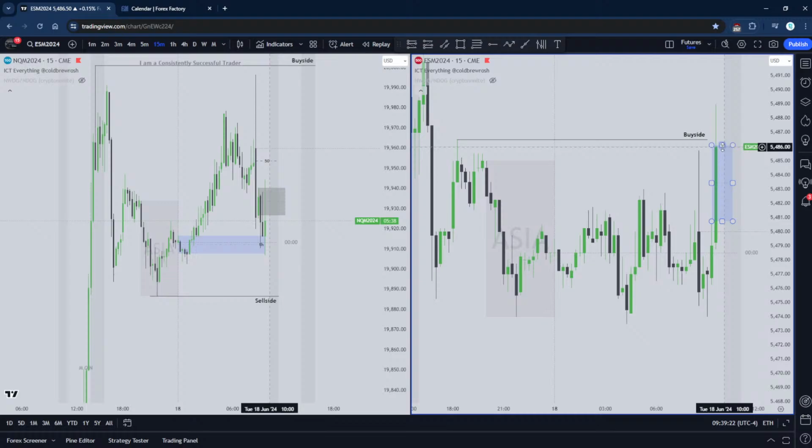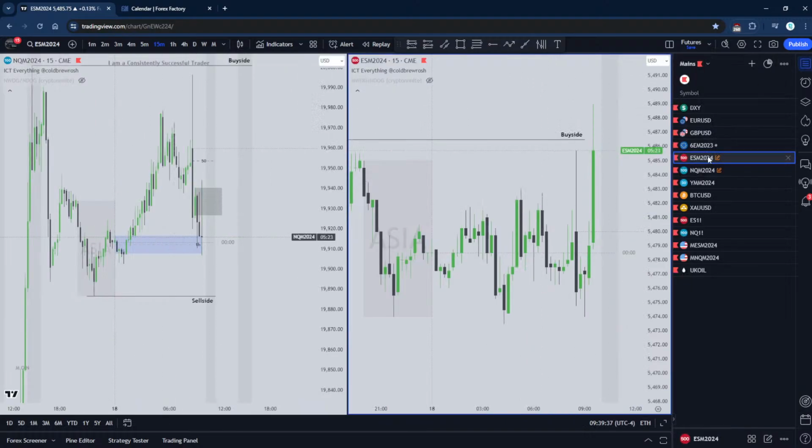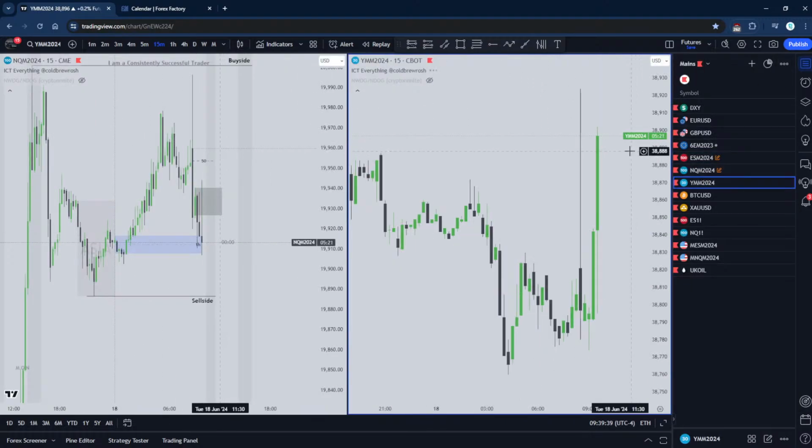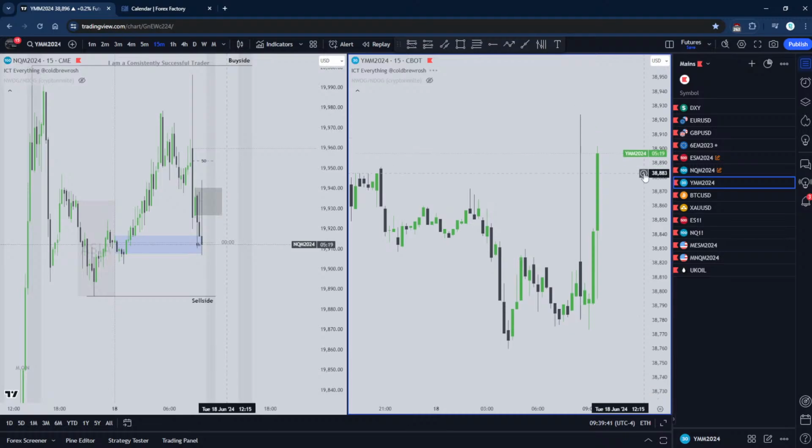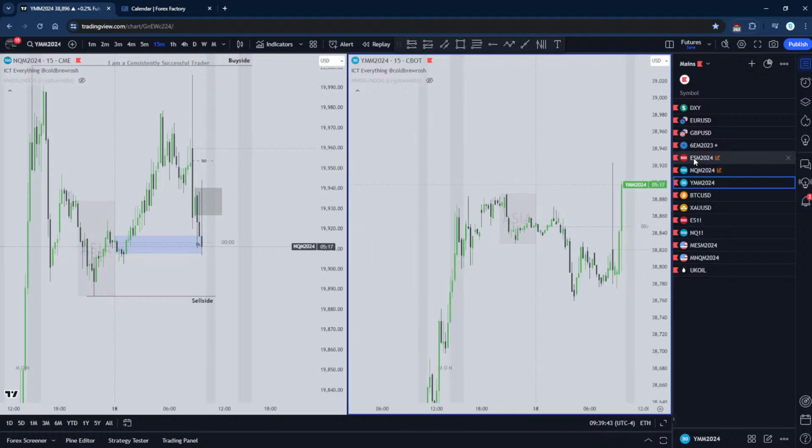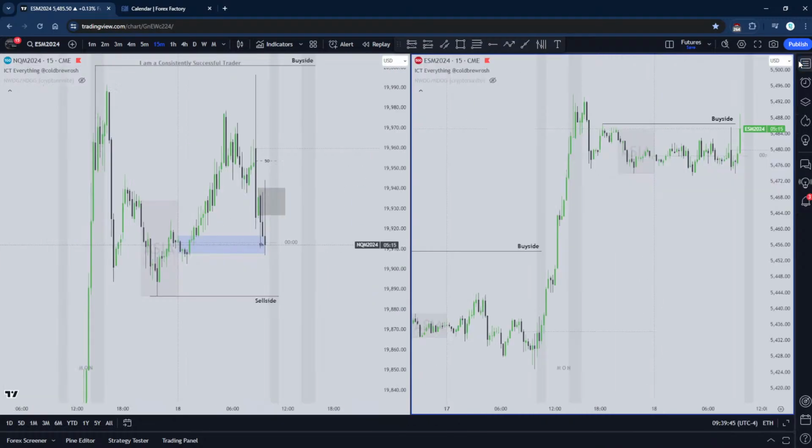See the candles retracing. NQ is still thus far respecting this as an order block. It did dip into the fair value gap. Our YM is bullish as always. Never stops. Crazy.